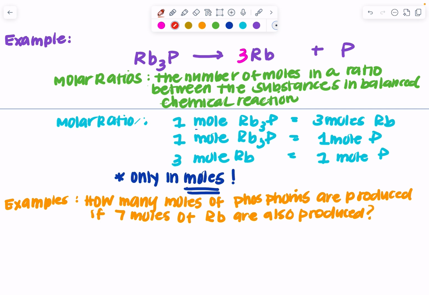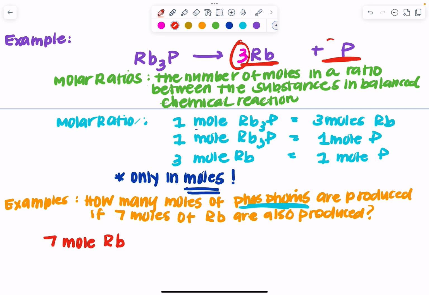So, we're always going to start with what we're given. 7 moles of rubidium. Rubidium is up here. We are trying to find moles of phosphorus. So the relationship that we're looking at is between rubidium and phosphorus, which is a 3-to-1 ratio.